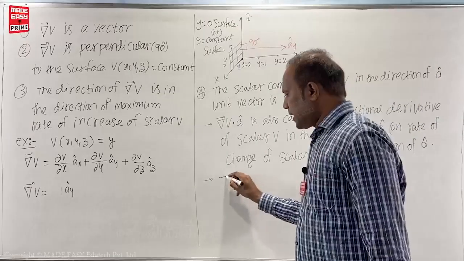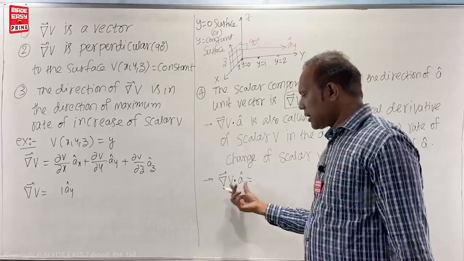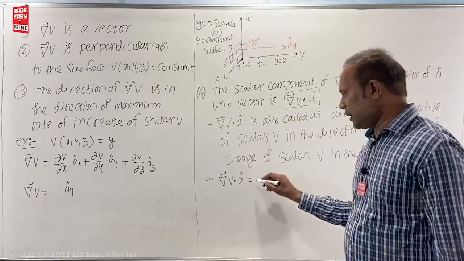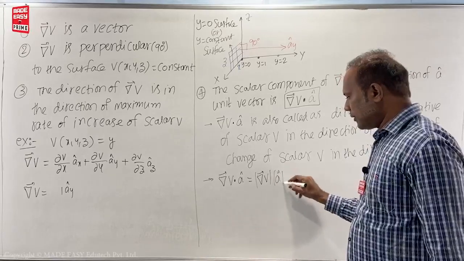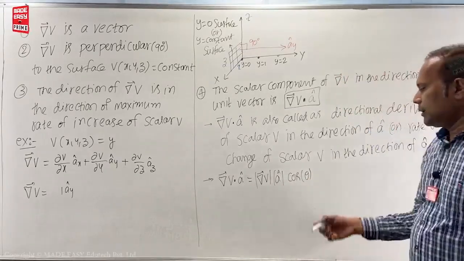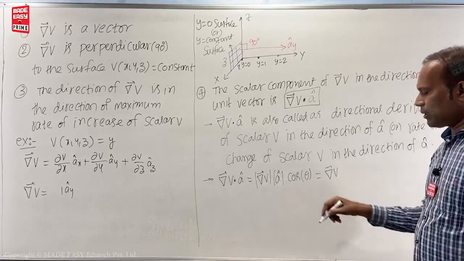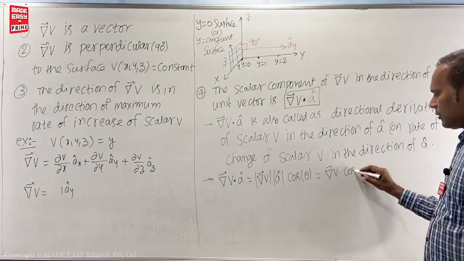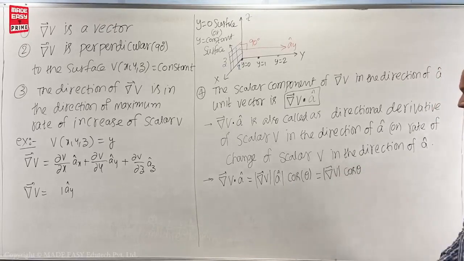Now I am expanding this one. Grad v dot a cap is equal to like a bar dot b bar formula. So modulus of grad v, modulus of a cap. Let us take the angle between them as theta. Modulus of a cap is 1, that is a unit vector.